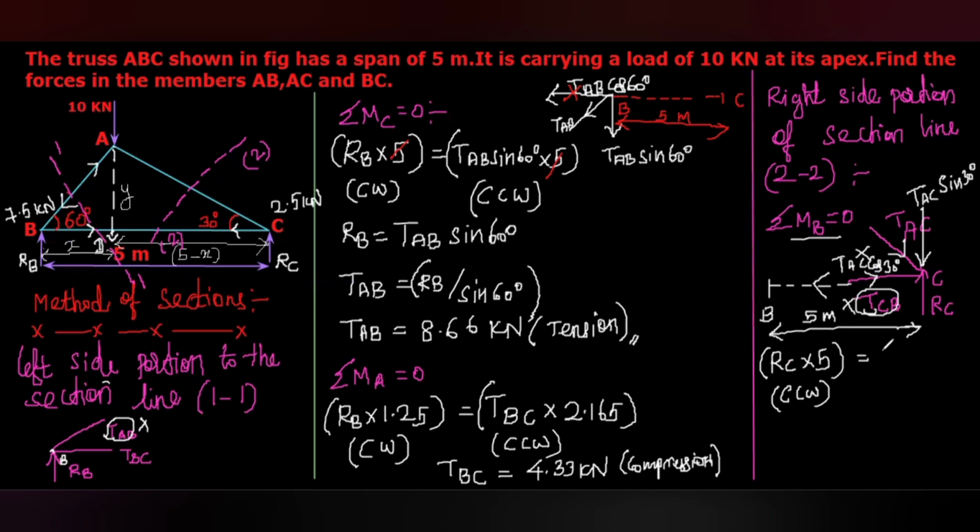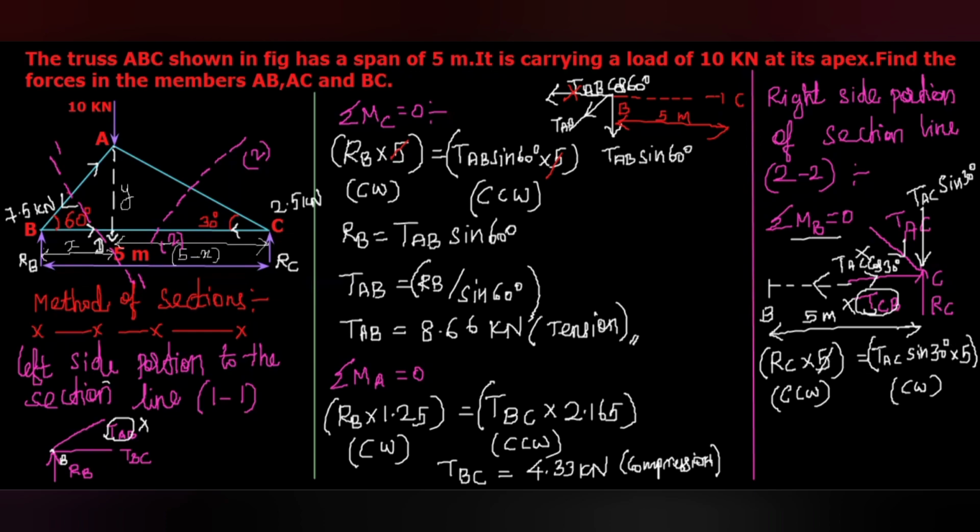TAC sine 30 multiplied with 5. Okay, this will be a clockwise moment. So that will counterbalance the counterclockwise moment which is made by the upward force RC.